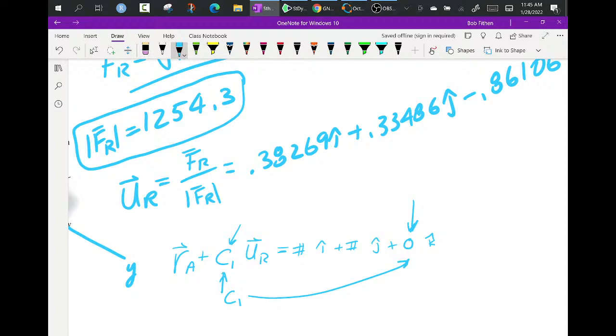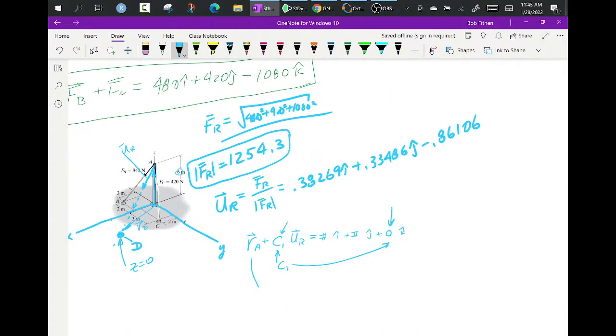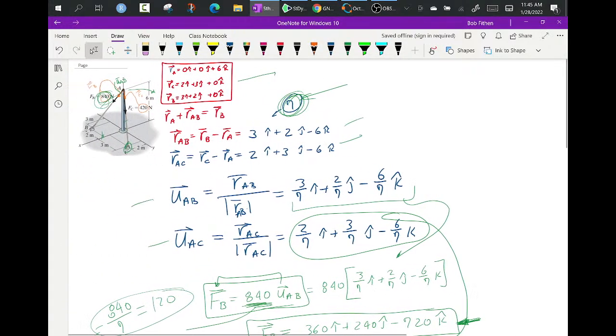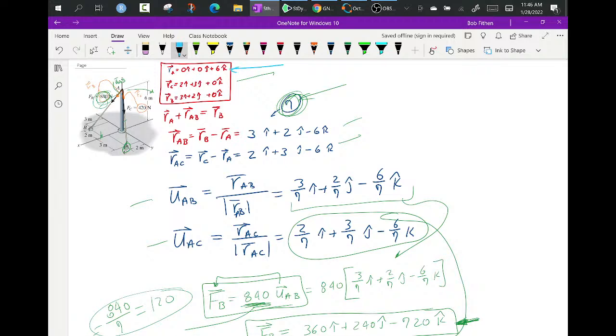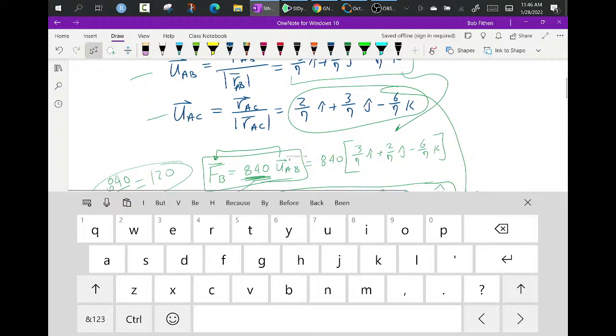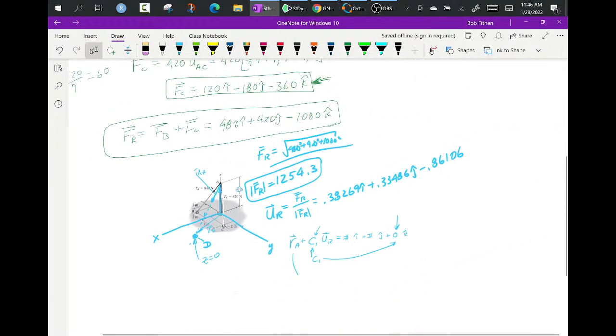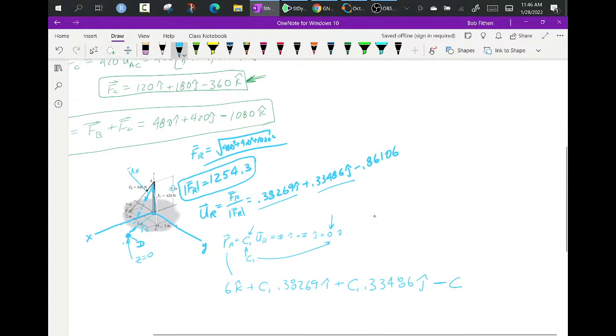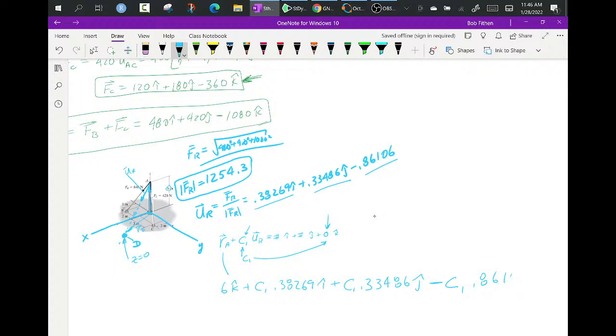So, let's write this down. RA is just simply the most simple, just simply 6K plus some constant times this goofy number, 0.38269I, plus a constant times that number, 0.33486J, minus the same constant times that number, 0.86106K.